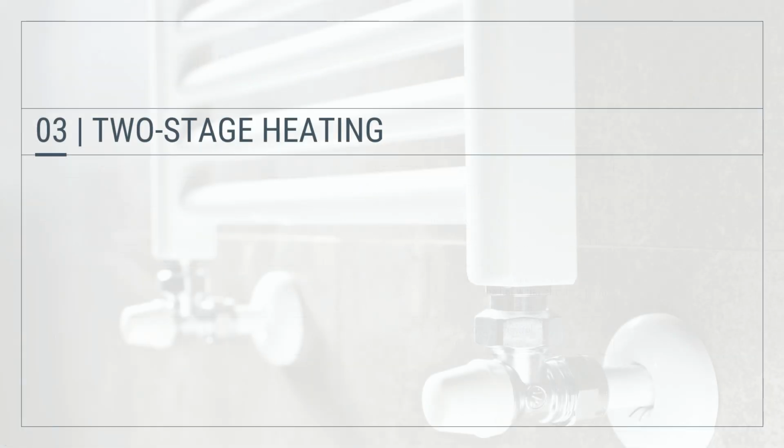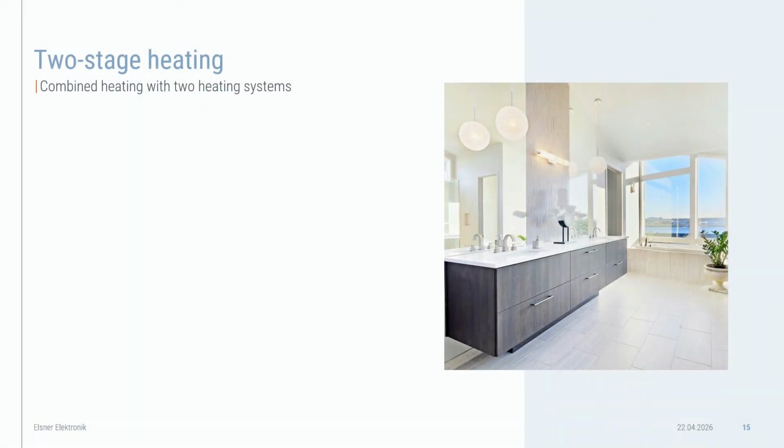So we will have a look into this example of two-stage heating. This is a special case. Two-stage heating is usually a combination of a heating system that reacts slowly, in addition to a heating system that reacts a little bit faster.